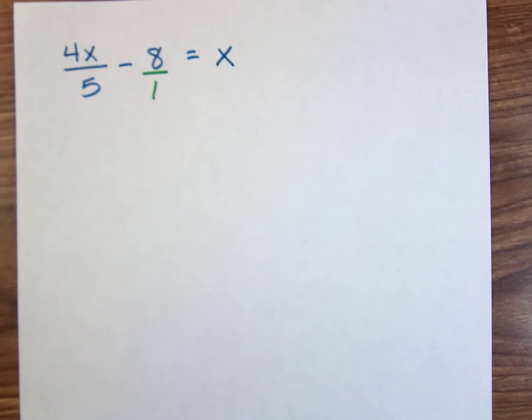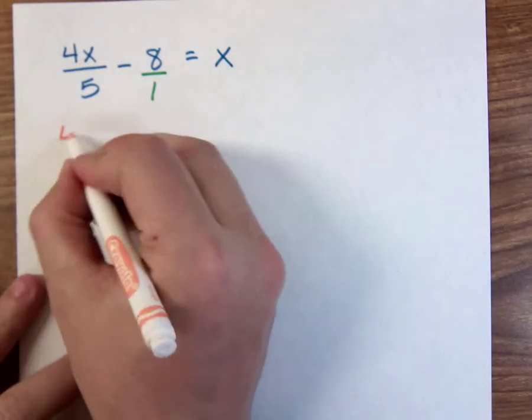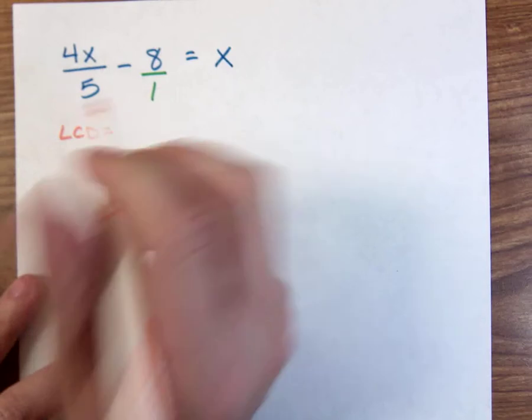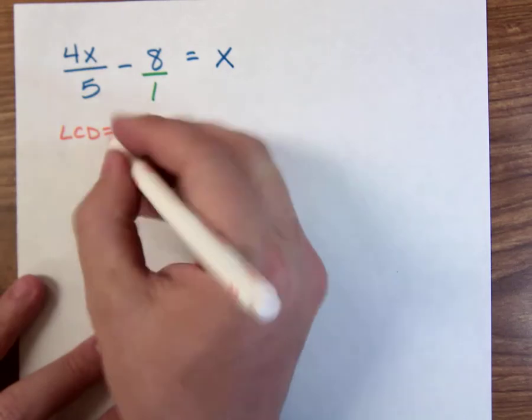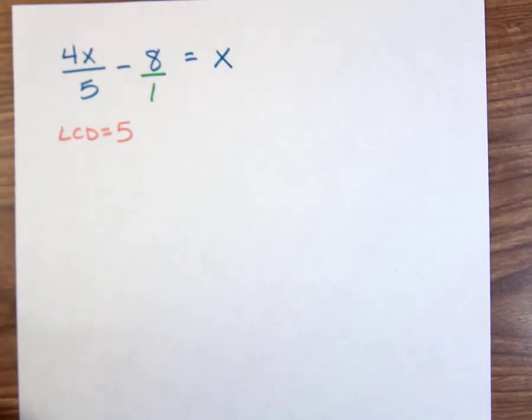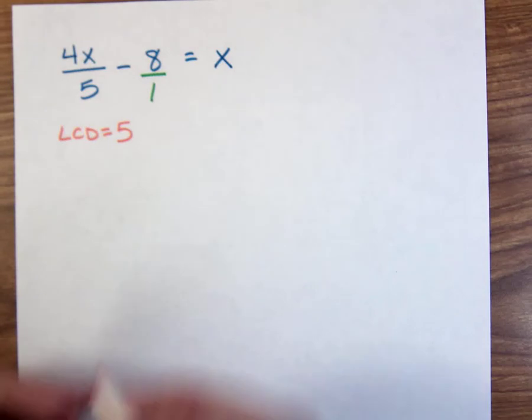To get rid of the fractions, what am I going to do? Yeah, I can find the lowest common denominator. What's the lowest common denominator of 5 and 1? Meaning, what number can be divided by 5 and can be divided by 1? The answer is 5. So that means everything, and I do mean everything, gets multiplied by 5.